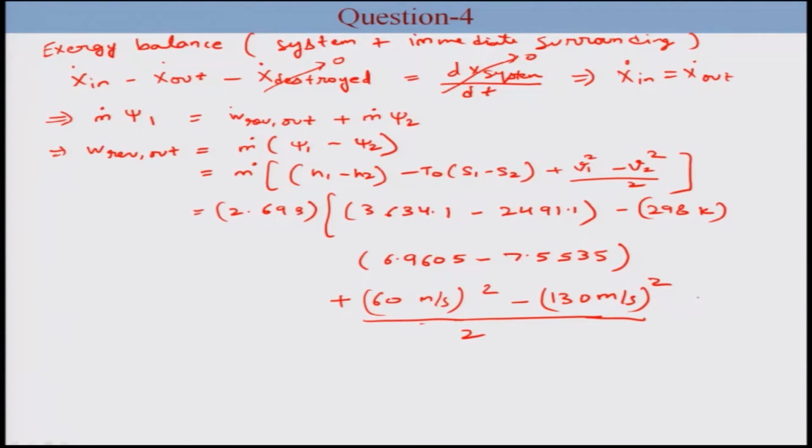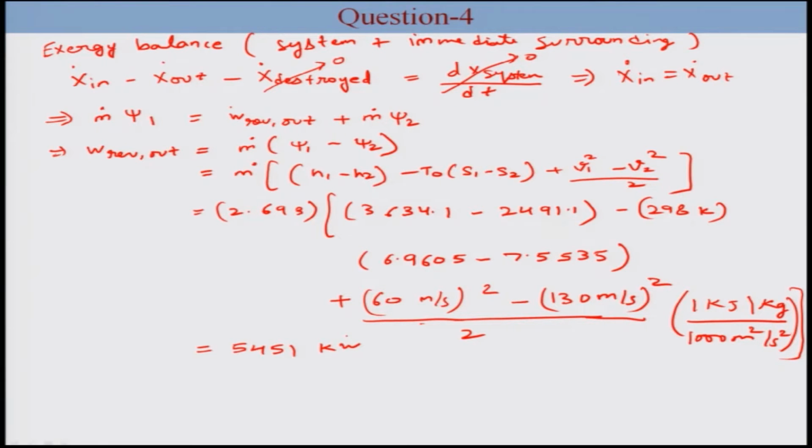Multiplying this by 1 kilojoule per kg for converting the units, which is equal to 1000 meter square per second square, this gives a reversible work output of 5451 kilowatt.